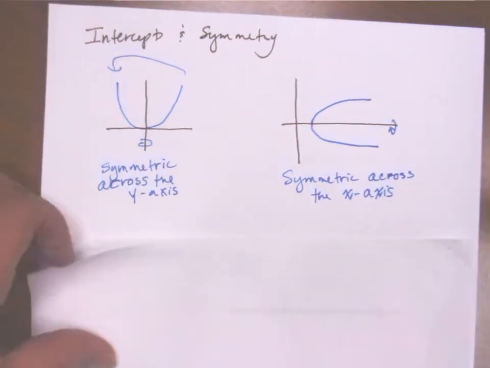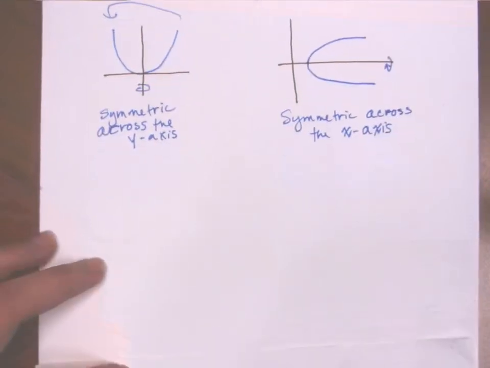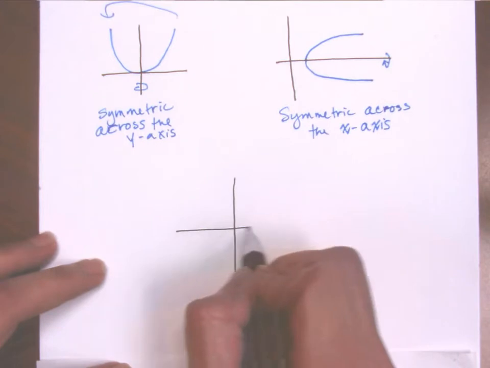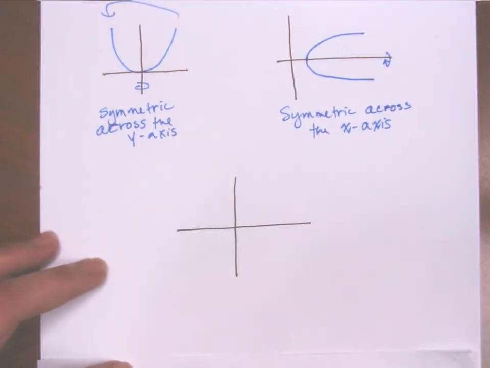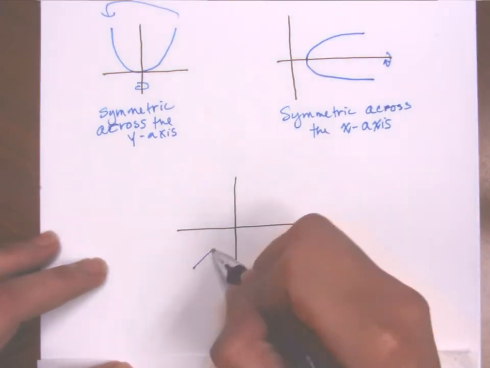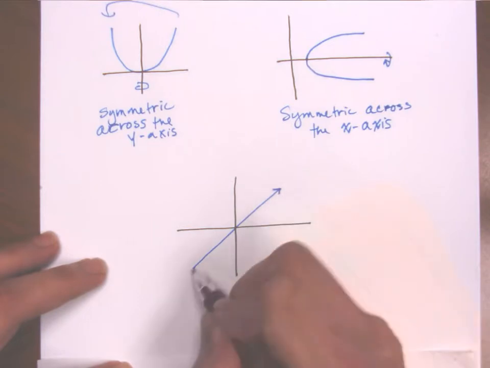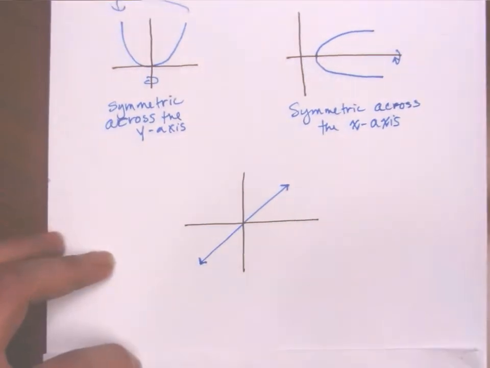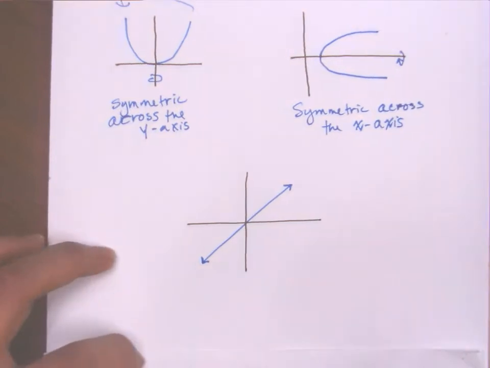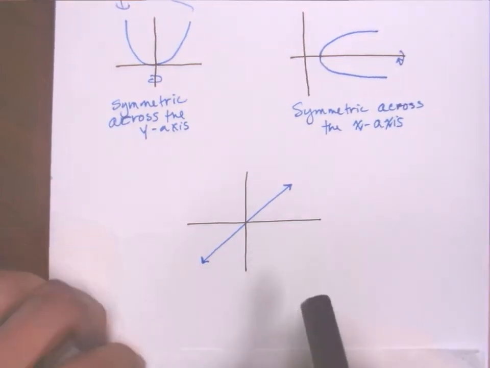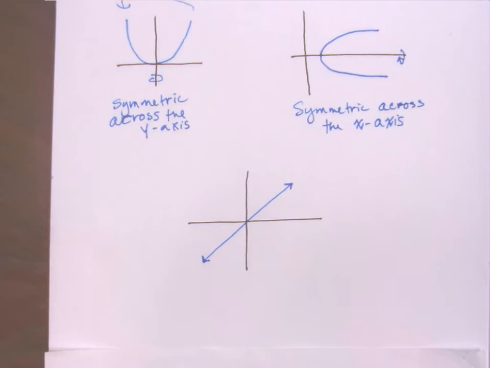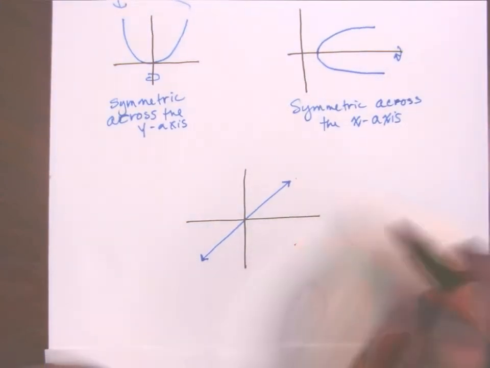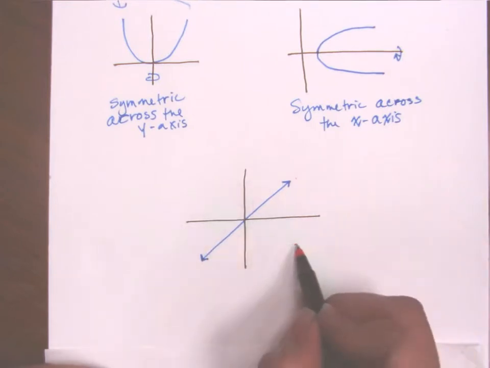We have one more. Let's say I'm looking at this graph right here. If I spin this graph around the x, this ends up down here. Okay.